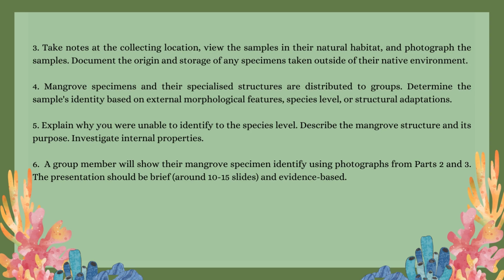Describe the mangrove structure and its purpose. Investigate internal properties. A group member will show their mangrove specimen identified using a photograph from part 2 and part 3. The presentation should be brief, around 10 or 15 slides and evidence based.